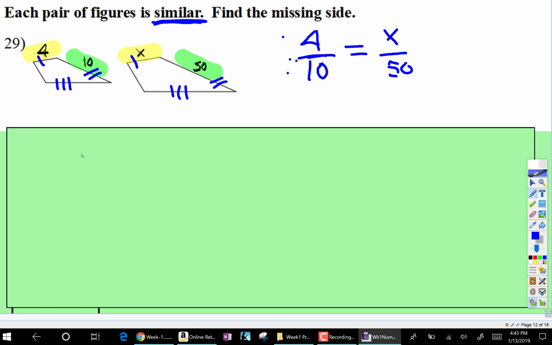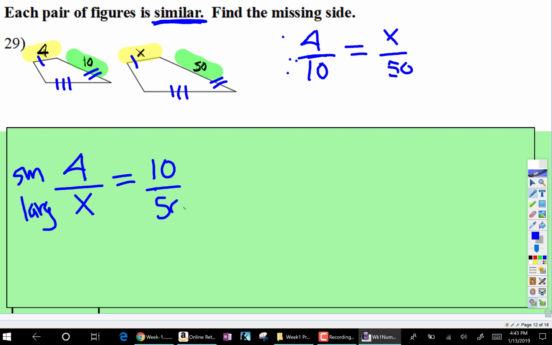So you could compare 4 over x, the smaller to the larger triangle. Well, 4 is the shorter side of the shorter triangle, then 10 is compared to 50. And again, you're going to cross multiply.